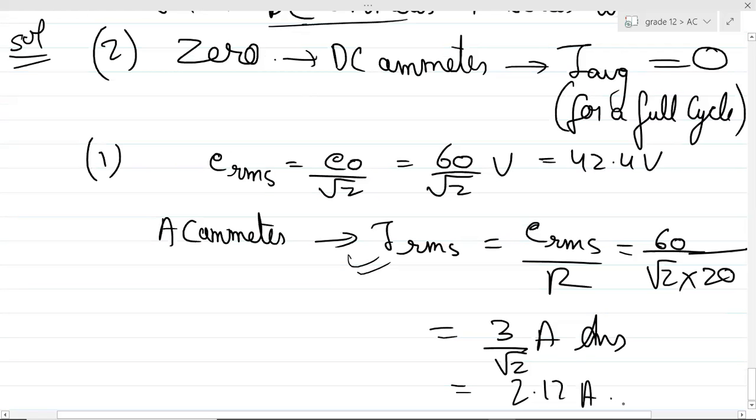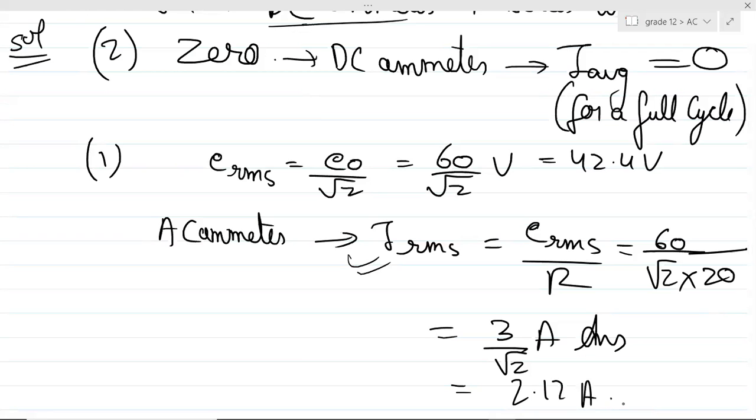Next question. So I had a doubt. What exactly do you mean when you say that AC ammeters can only read IRMS? AC ammeters are used to measure the RMS value across an AC circuit. Generally, you won't connect an AC ammeter in a DC circuit.